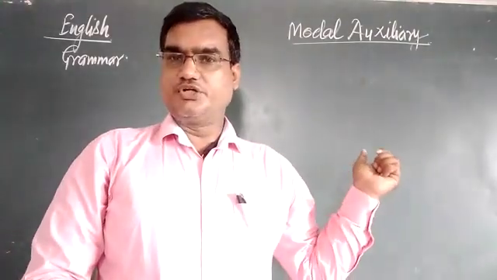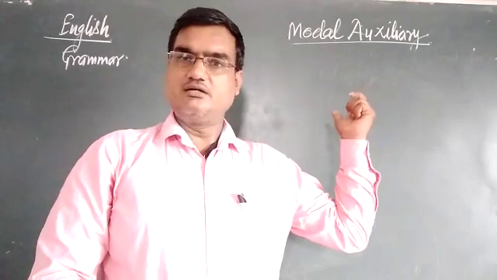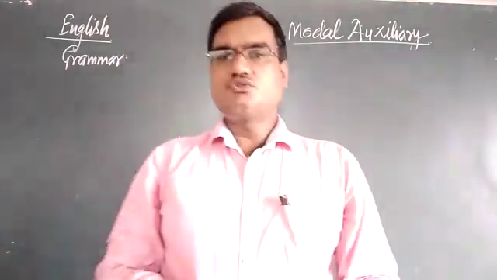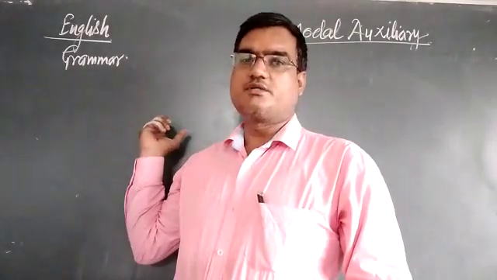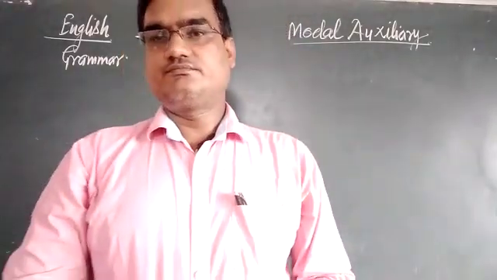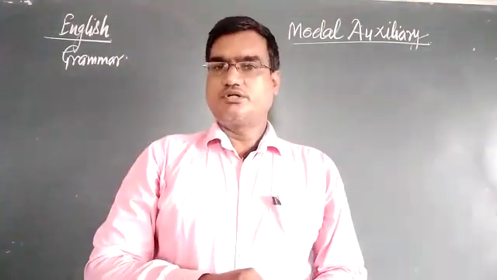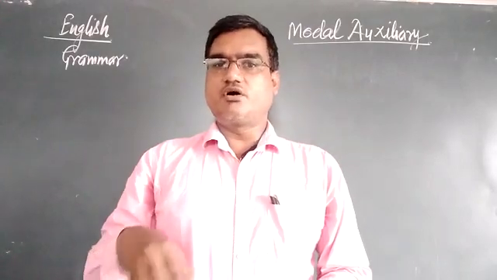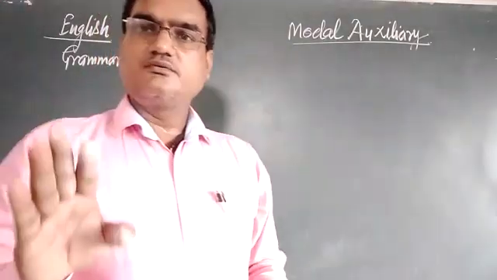And ought to, need to, dare to. So these are modal auxiliary. Modal auxiliary is always used with the base form of the verb. Base form of the verb means the root form of the verb. Its verb form never changes. It is always used with the verb's first form.